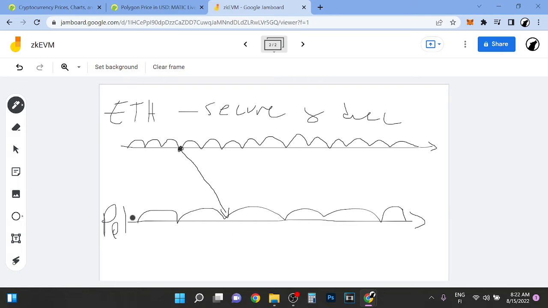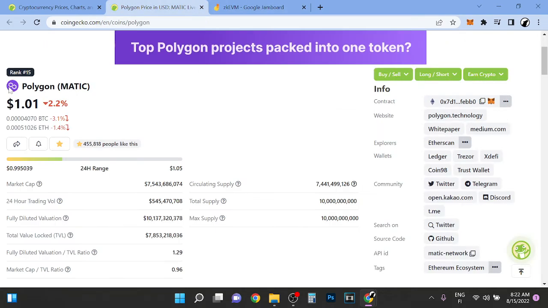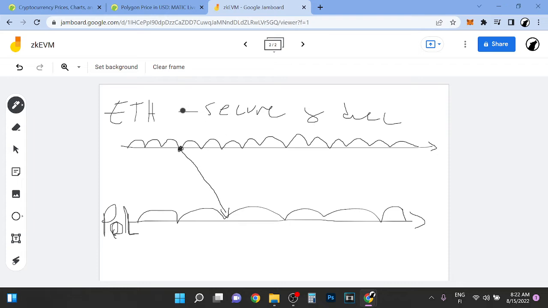That's why a lot of people don't bridge their assets to Polygon right now, and I think that's why Polygon is not a long-term solution. But what they are coming up with right now is the zk roll-up system. It's a new way to roll up the transactions, and I'm going to explain how they are going to do it.